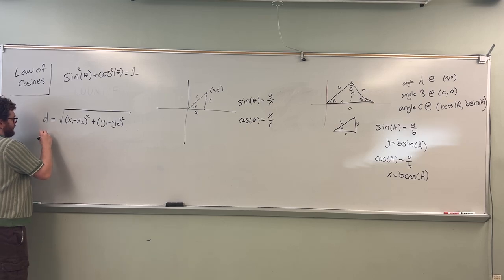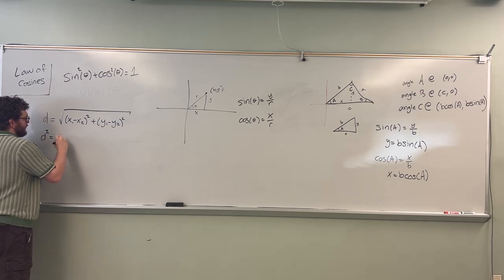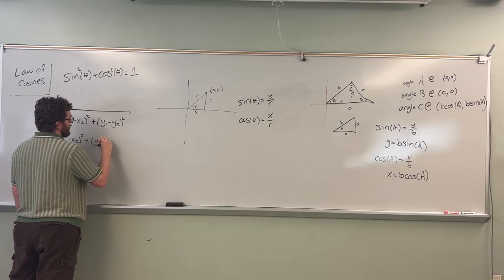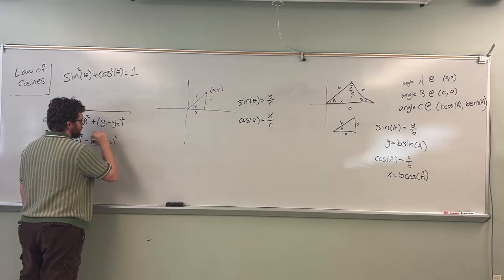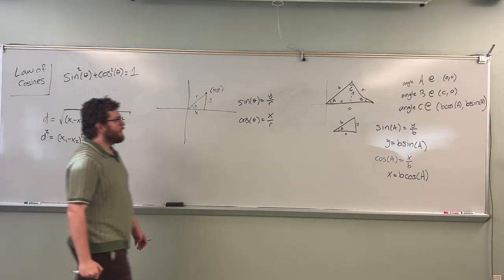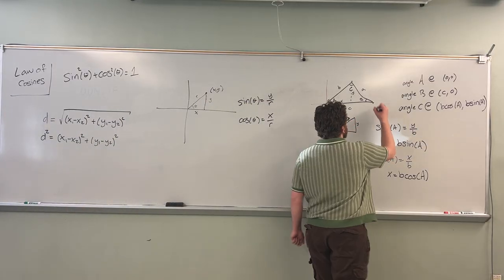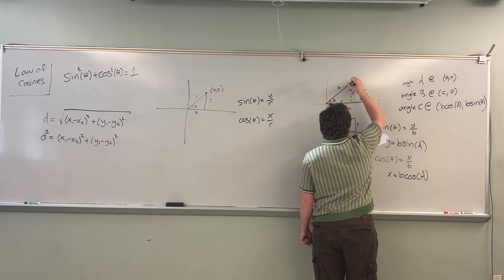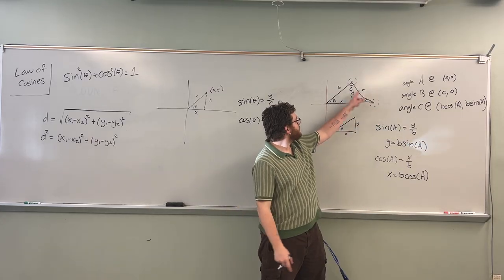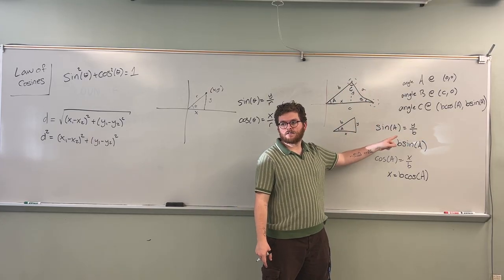And so if I take the square on both sides, it's x1 minus x2 squared plus y1 minus y2 squared. Cool. So the distance between this point and this point is a, right? It's separated by that side length a.